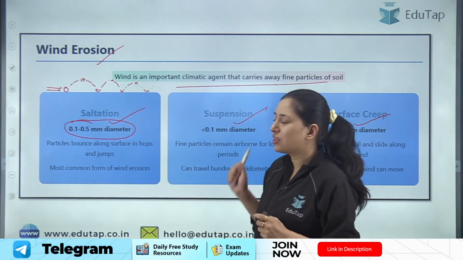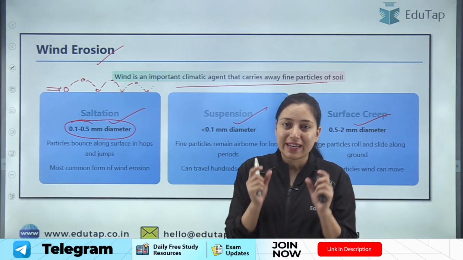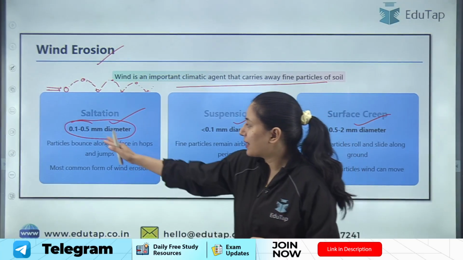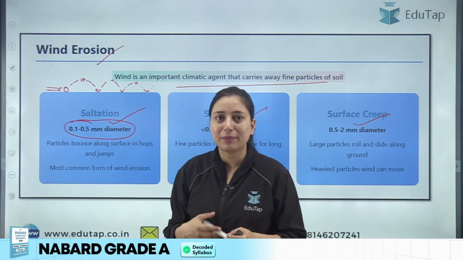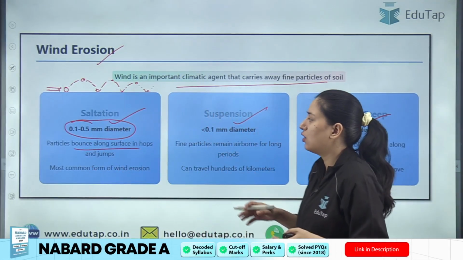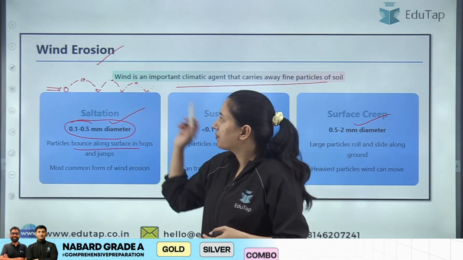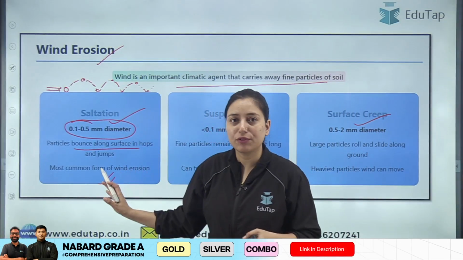Basically, this division of wind erosion is based on the size of the soil particle. If the size is 0.1 to 0.5 mm diameter, then saltation will happen. The particle will bounce along the surface, hop and jump. So this is saltation, and it is the most common type of wind erosion.